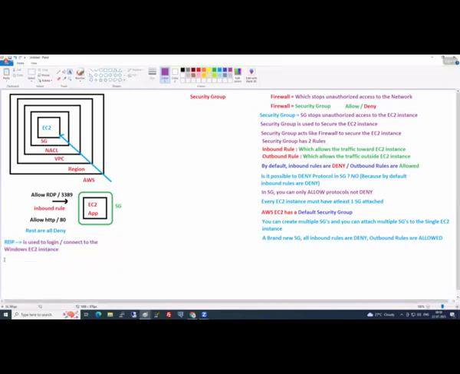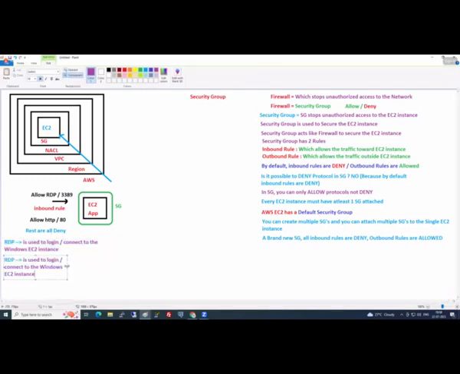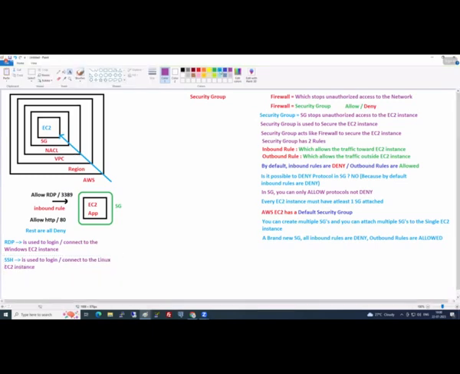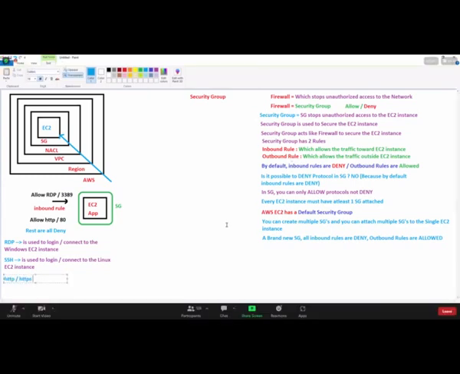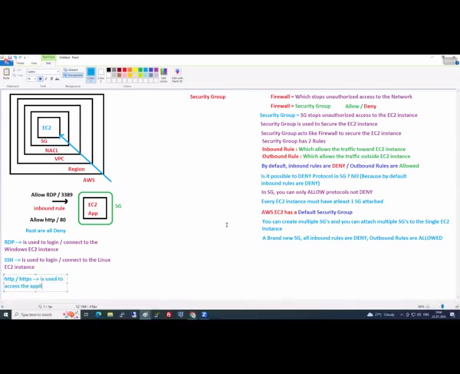And then SSH. SSH is used to connect to the Linux EC2 instance. And HTTP and HTTPS is used to access the applications. So you should never forget this. This is very basic.